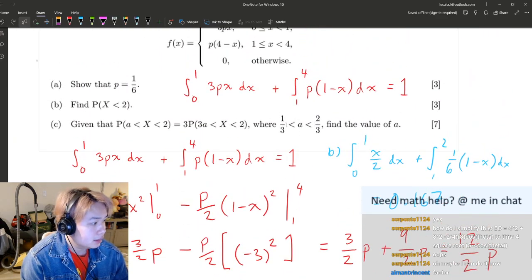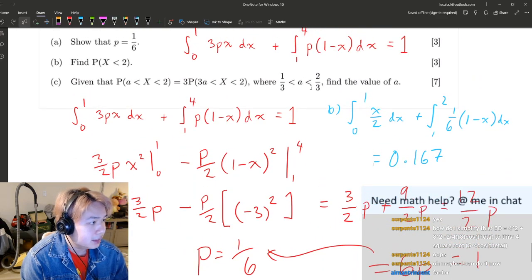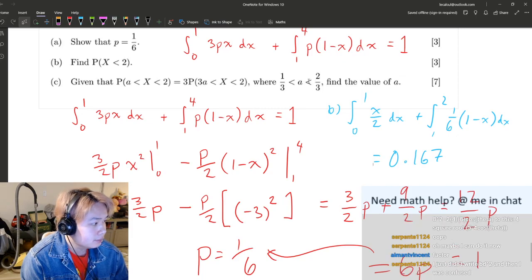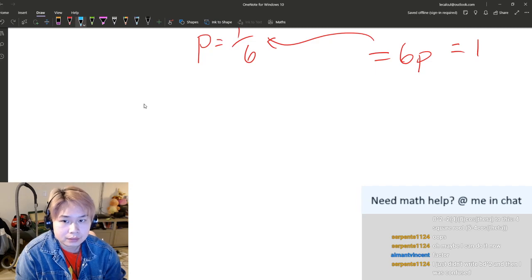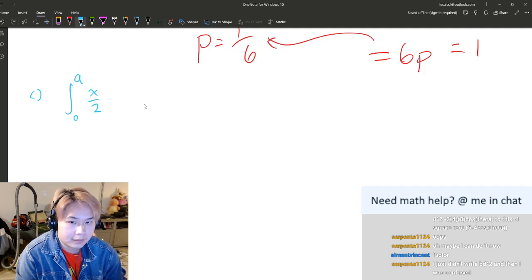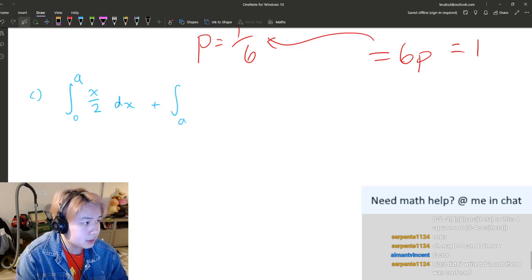Okay, let's see. A is less than 1. Yeah, you should follow the formula carefully. So A is less than 1, so then I can split this integral from 0 to A. And then A to, I think it was 2.